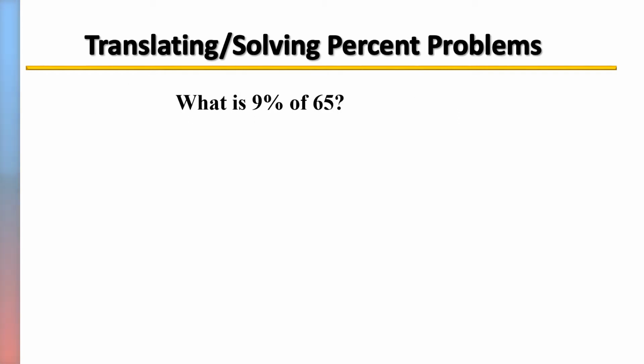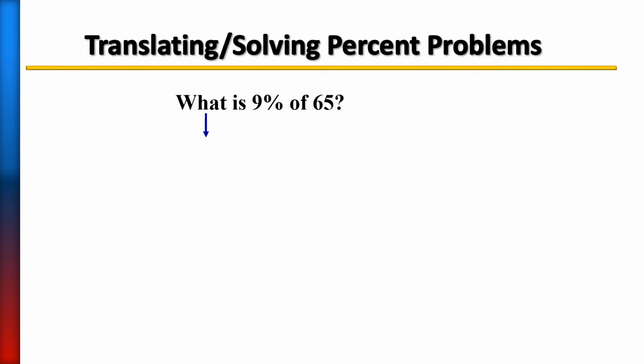In this one, it says, what is 9% of 65? So I'm going to show you how to use the translation method, where you translate your words word for word into what they mean, and just simply bring down your numbers. So what, we don't know.